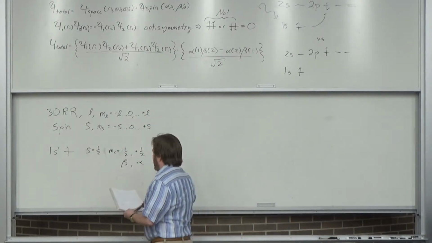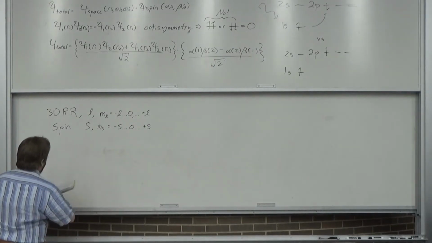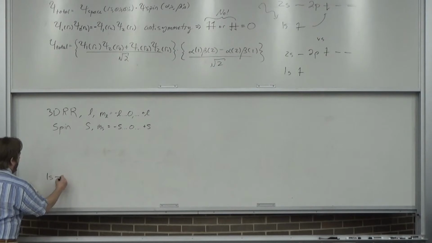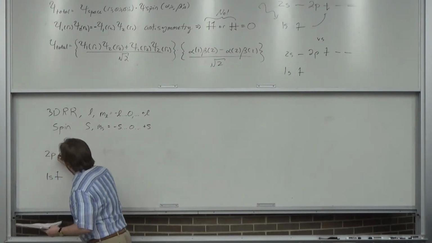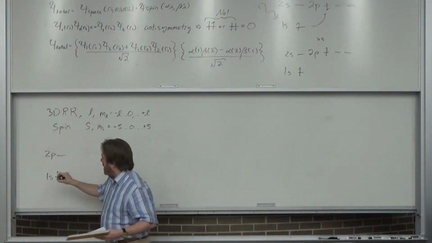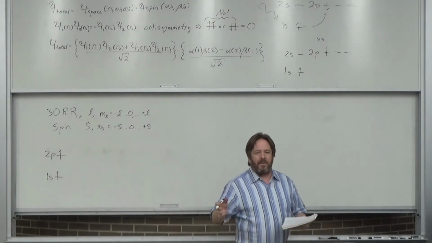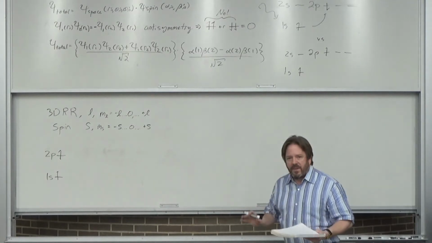Okay, now let's do the more interesting case. I won't write it out quite the same way. 1s with an electron pointing up. Let's do the other one pointing up, because this is actually kind of more interesting to do first. Okay, now here's the thing.